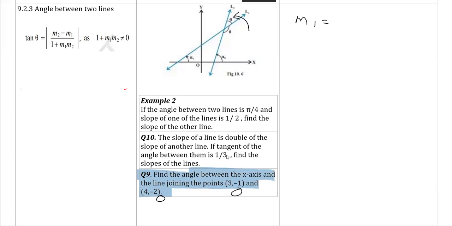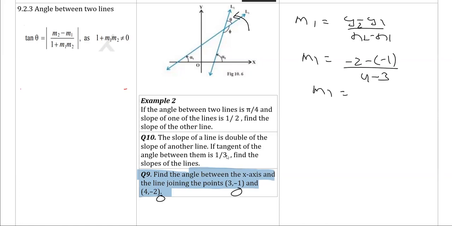So I can say using this relation, it is y2 minus y1 over x2 minus x1. So m1 here is minus 2 minus minus 1 over x2, which is 4 minus 3.